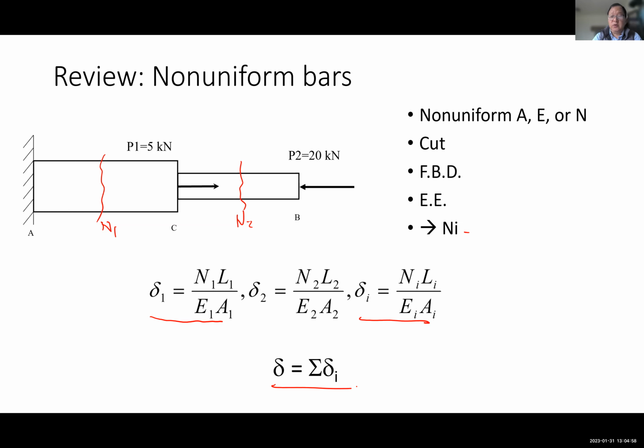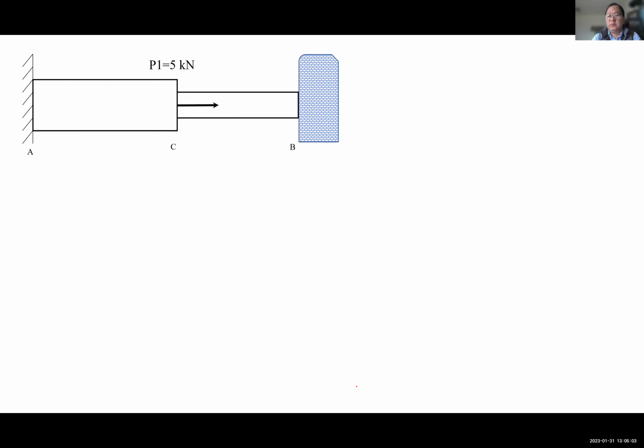Today we're going to look at the situation when things become indeterminate. Let's see what we mean by indeterminate. Let's say we have the same bar I just showed you. Now, instead of free on the right, I have a wall.